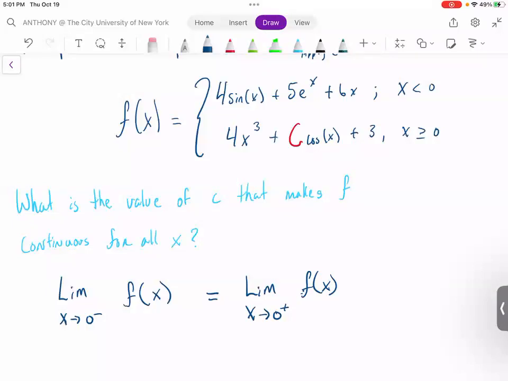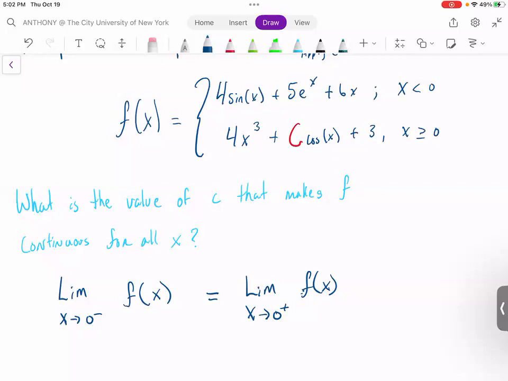Now, f of x on both sides of the equation gets replaced by one of the equations that was given. If x is approaching 0 from the left, does that mean x is less than 0, equal to 0, or greater than 0? What does 0 from the left mean?